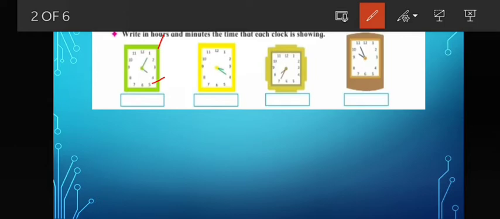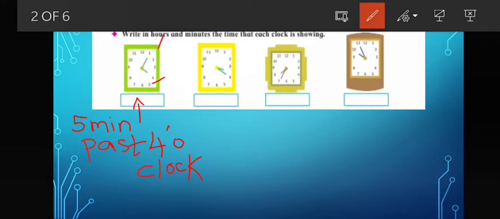So how you are going to write it? 5 minutes past 4 o'clock. Please write properly. 5 minutes past 4 o'clock.